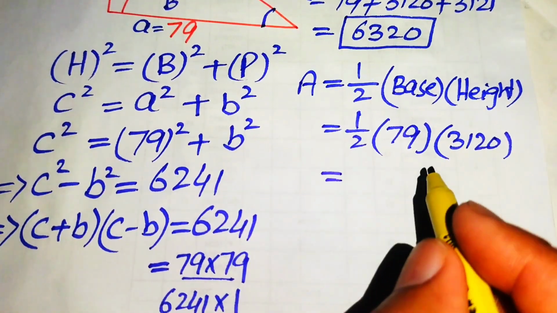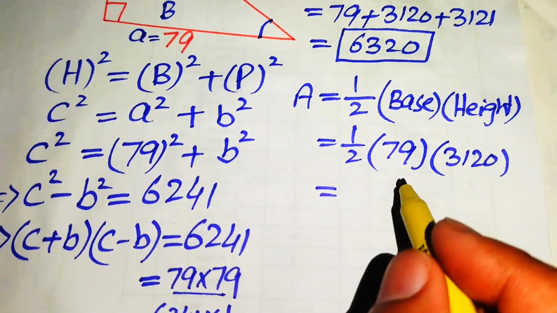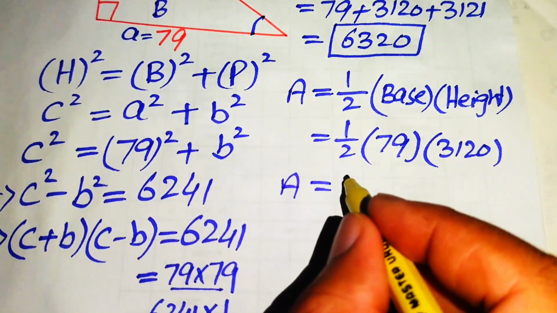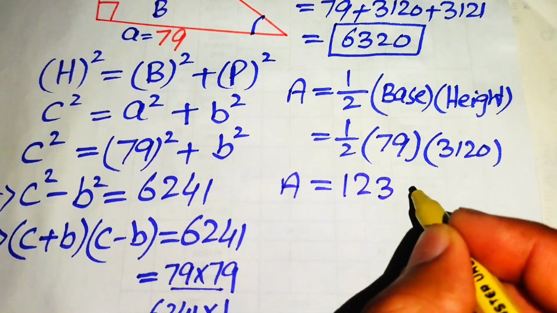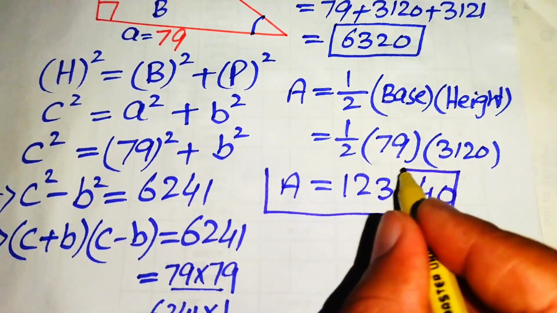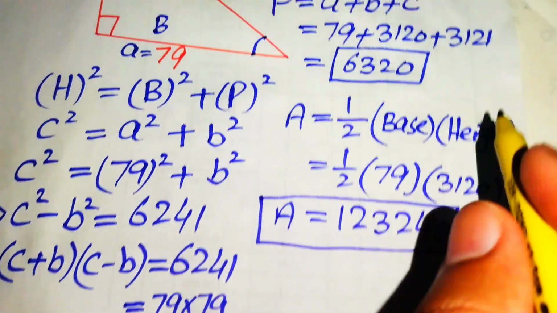We simplify all these values, and finally we get the area of the triangle is 123,240. So this is the area of the given triangle.